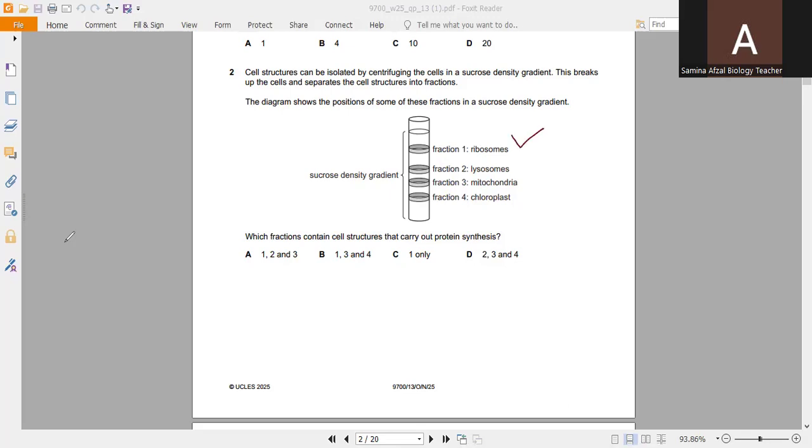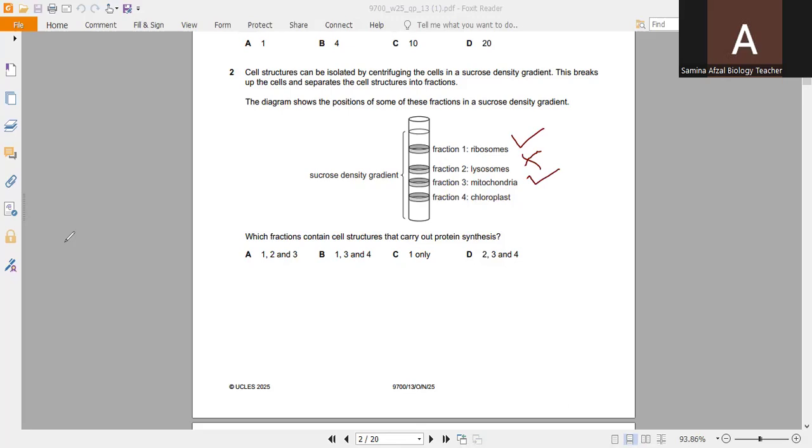Ribosomes, definitely, are the primary sites of translation. Second, lysosomes contain hydrolytic enzymes for intracellular digestion, so they do not synthesize protein. Mitochondria, yes, they contain their own 70S ribosomes and DNA to synthesize some of their own proteins.